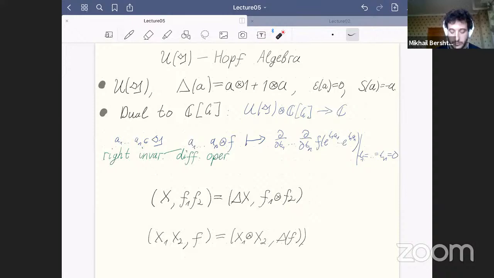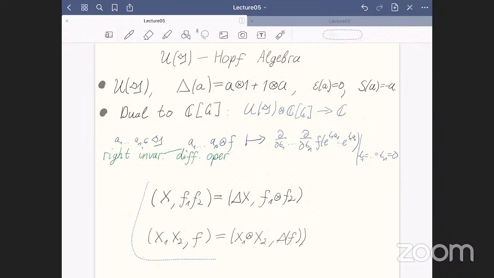It is clear if x is just an element of the Lie algebra, then this identity means that if we take the derivative of the product, it is the Leibniz rule. It will go to the sum of the derivative of the first factor and the derivative of the second factor, and this exactly corresponds to the fact that we have two summands in the coproduct. It is also not difficult to check this relation.